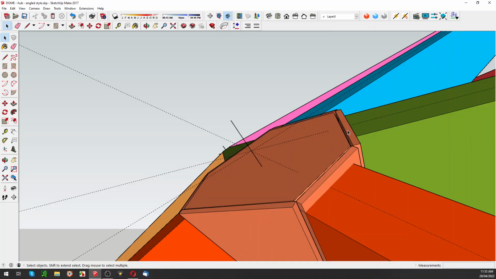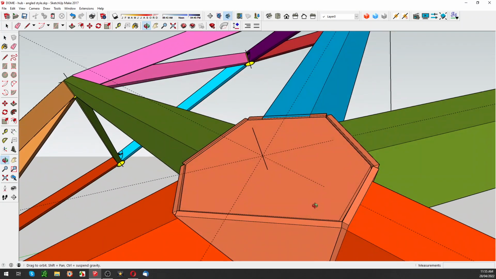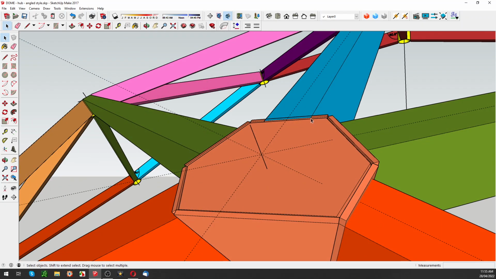So I lifted up each surface on each strut to a common level. You can't have the surfaces tilted either, because again, all the geometry goes to hell in a handbasket. So this is the best example at present with the hub at the surface here of the blue strut.